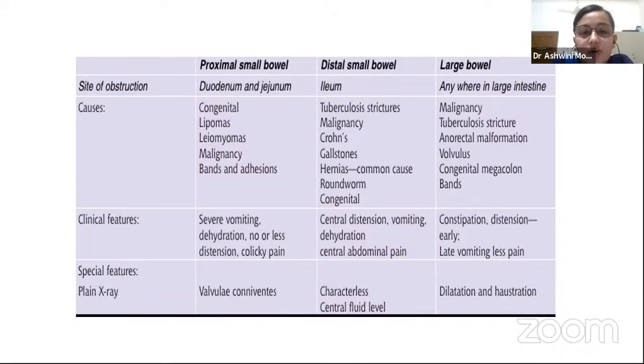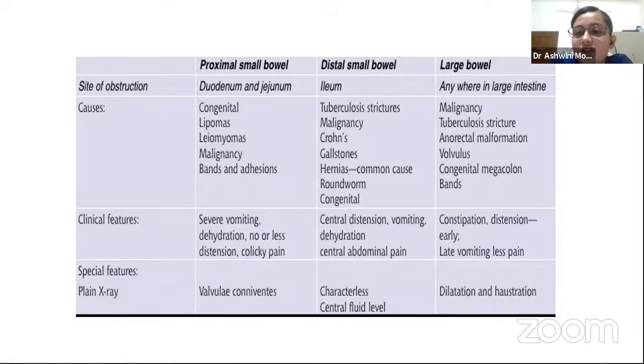Due to vomiting and fluid loss, he'll have dehydration. There is no or less distension, as there is no distal obstruction, so there is no place for the content to stay inside the abdomen, so there won't be any prominent distension over the abdomen, and colicky pain will be there. In distal small bowel, there will be central distension, vomiting will be there, but it will be slightly delayed compared to the proximal small bowel. Dehydration will again be there, and central abdominal pain will be there.